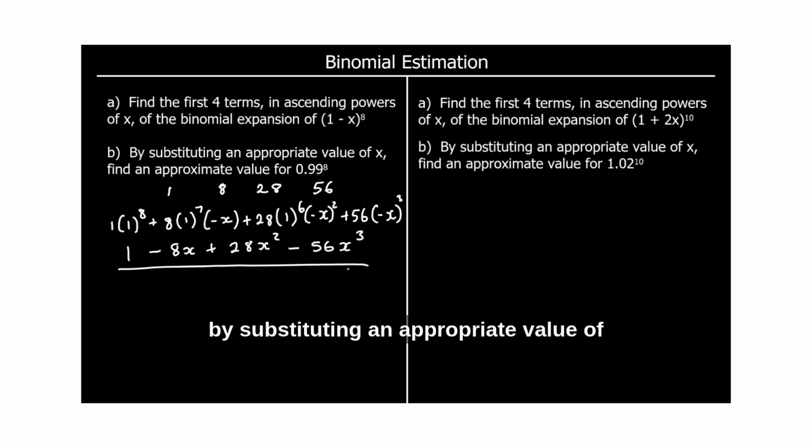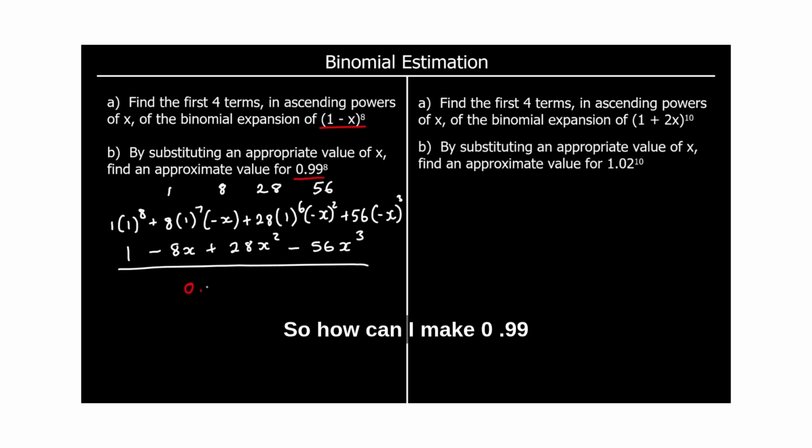For part B, by substituting an appropriate value of x, find an approximate value for 0.99 to the power of 8. So what do I have to change x into to make these equal?